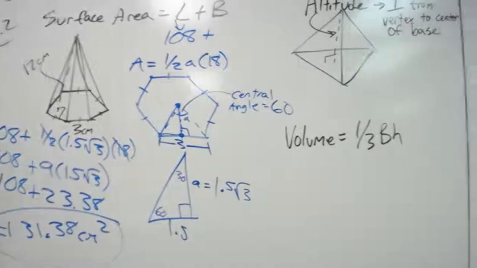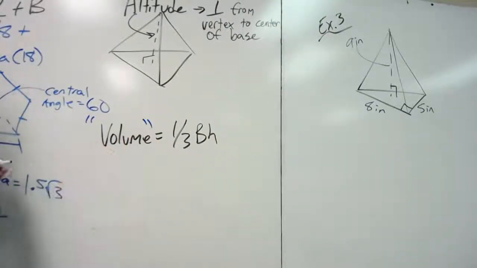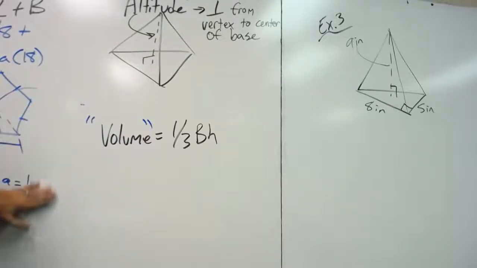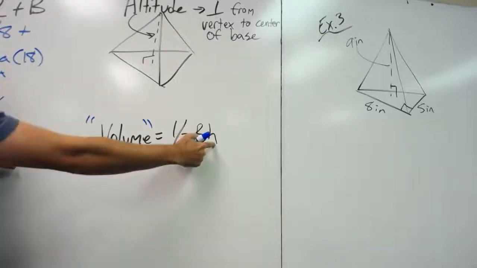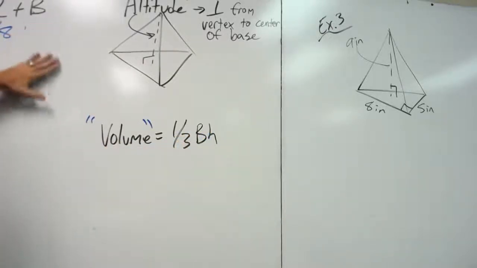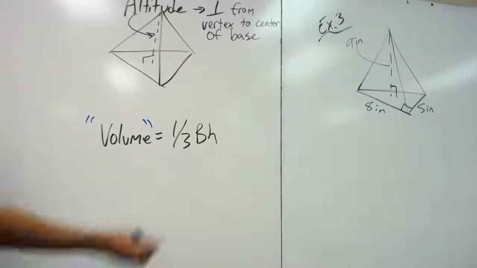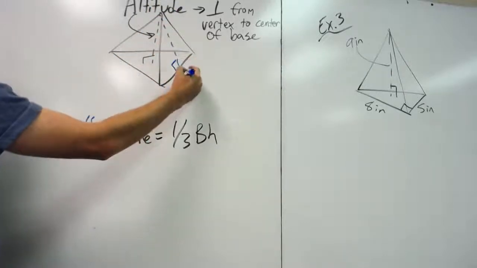The last formula we're going to look at is volume. The formula for volume is 1/3 the area of the base times the height. Now, height is something different. We haven't really looked at that yet. We've looked at slant heights, where you go from the vertex to the midpoint of a side.